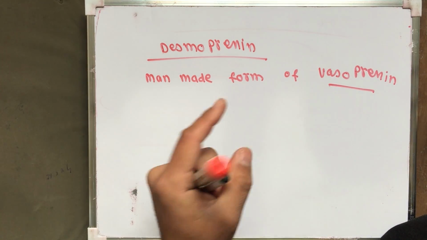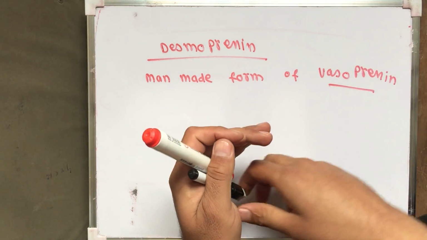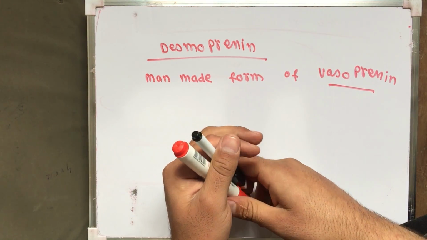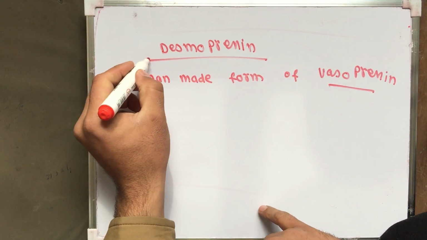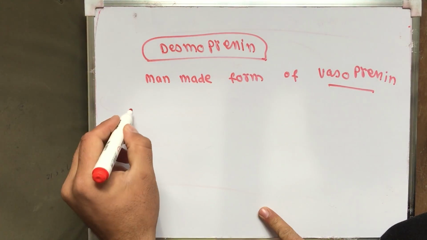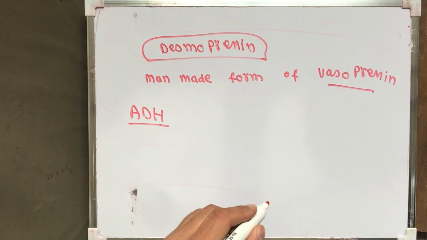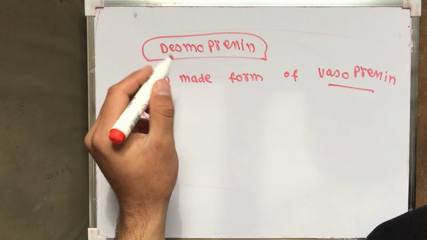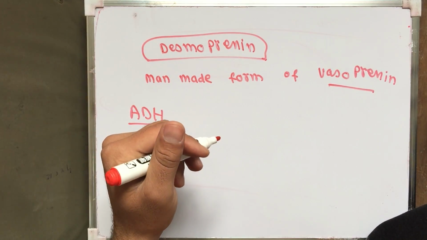So let's take a condition: how do we differentiate a patient of cranial diabetes insipidus from a nephrogenic diabetes insipidus? We use desmopressin, an ADH functioning molecule. This desmopressin will act like an antidiuretic hormone.